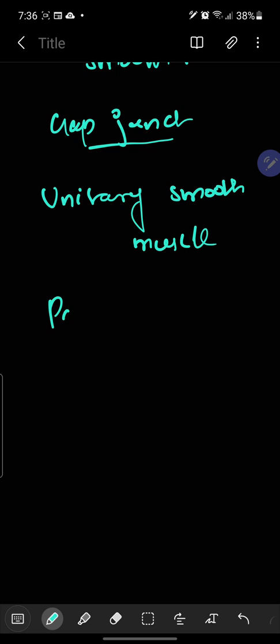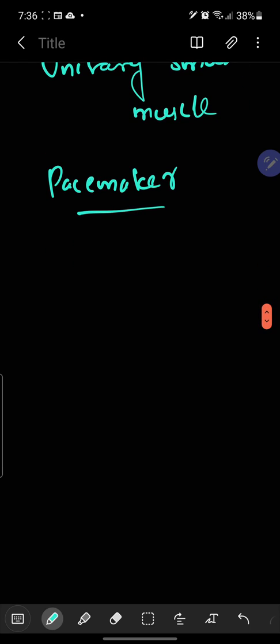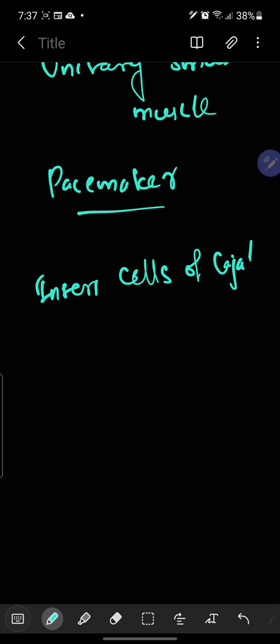Now the pacemaker. What is the pacemaker of the GI tract? The pacemaker of the GI tract is the interstitial cells of Kajal.